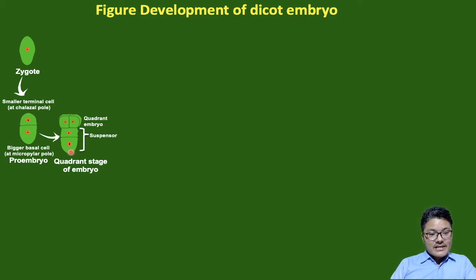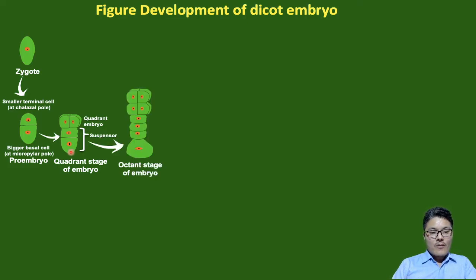Now these cells will undergo continuous mitosis and cell differentiation to form octant stage of embryo. Octant here refers to 8. Now in the octant stage of embryo, your embryo is having 8 cells. 4 cells at the front and your other 4 cells are shown behind.